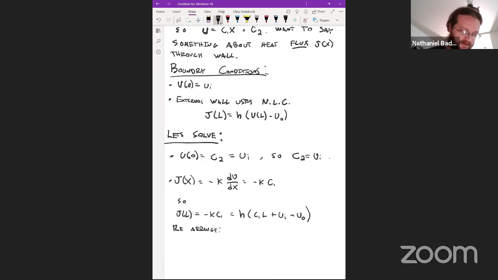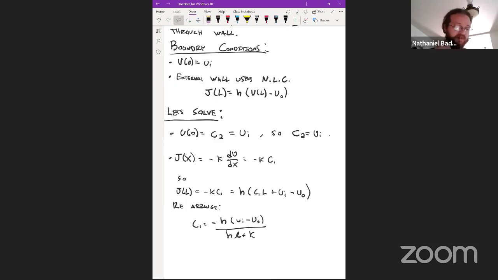And we're going to get that C1 is equal to minus H times UI minus U naught over HL plus K. Hopefully, I can show the steps of the algebra if there's interest, but hopefully it's straightforward.